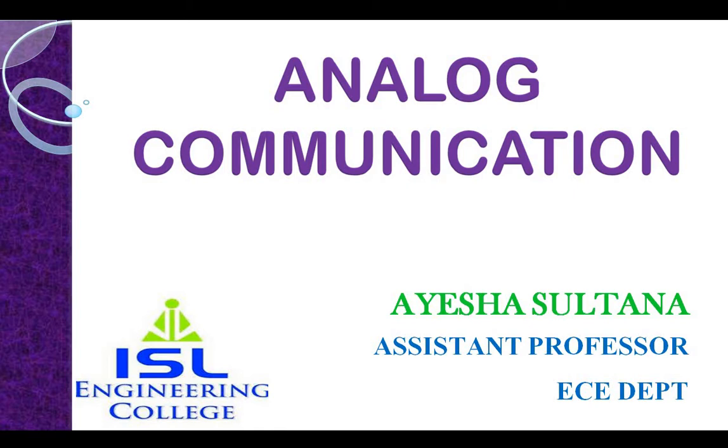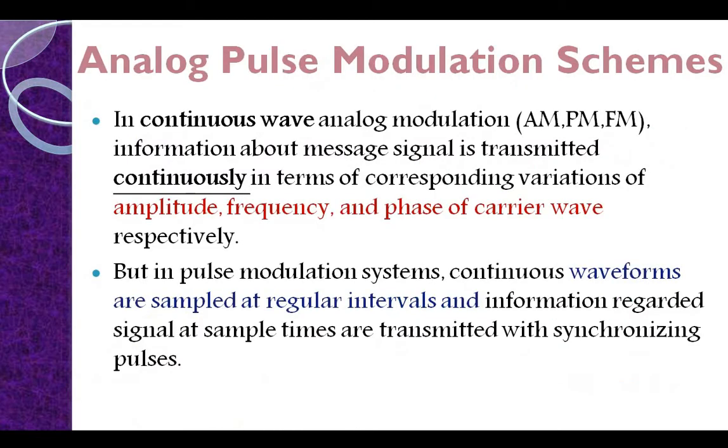So first, we have to convert our continuous message signal into a time-divided signal. To convert that, we will first go for sampling. In this chapter we have analog pulse modulation schemes, and we will see all about them.